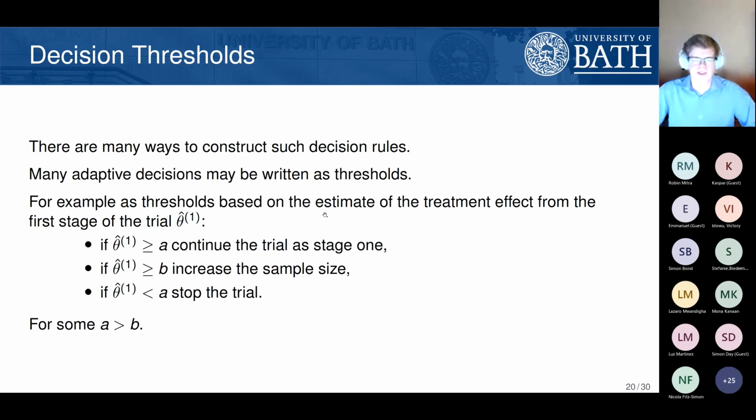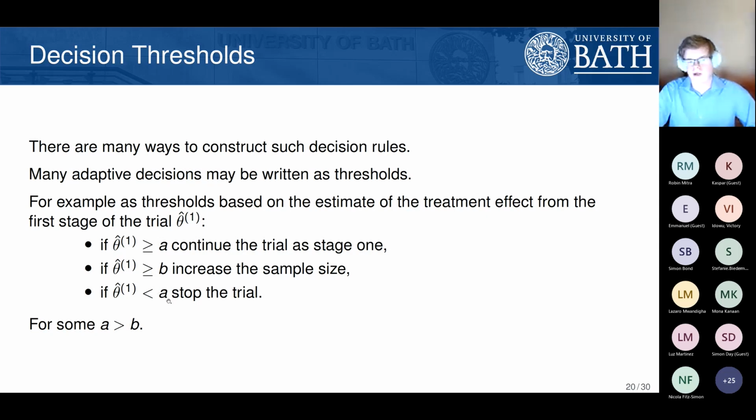So if we think back to our decisions before, if we have a theta hat 1 from our observations from the first stage of the trial, we might continue the trial if that theta hat 1 passes some threshold A. We might increase the sample size if it passes some threshold B. And this should be a B in this final step.